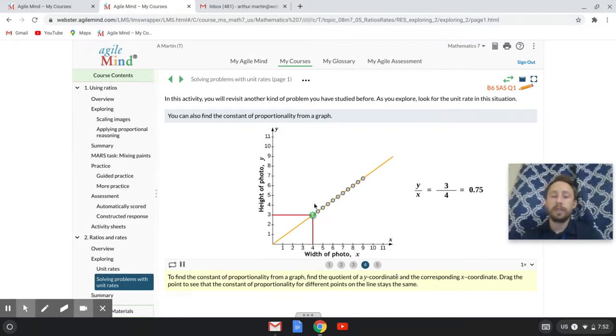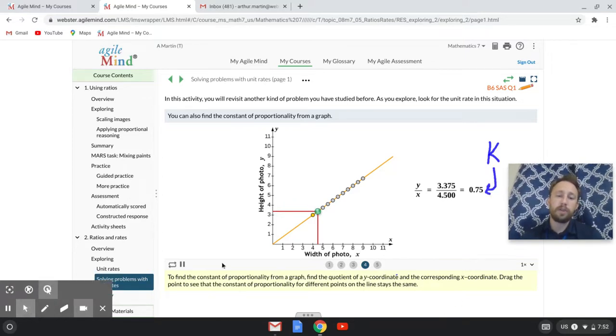So if we do this, if we take this amount and we drag it each time, notice how our k, which is right here, is going to stay the same for every one of these ordered pairs on our line.